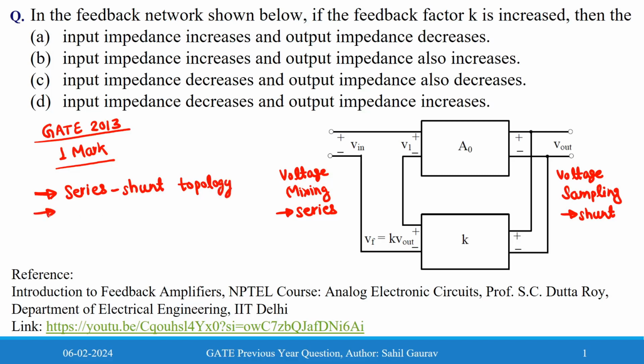And this is also called as, since at the output we are having voltage sampled and at the input we are having voltage mixing, it is called as voltage amplifier.